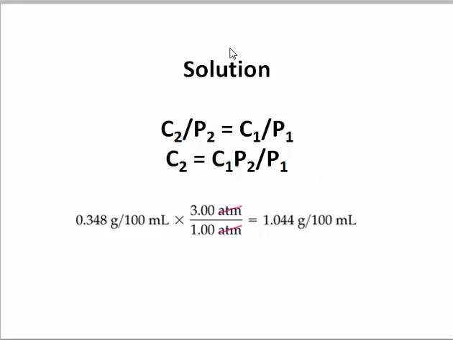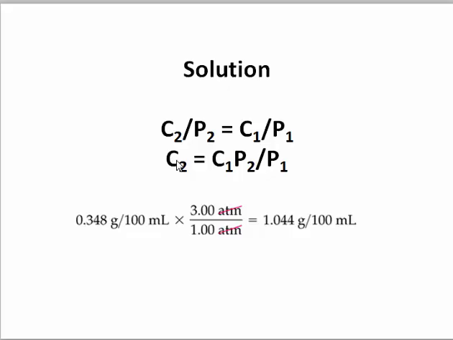The solution is a straightforward process form Henry's law problem. We relate C2 over P2 to C1 over P1 and solve for the concentration under the second set of conditions, which is to say the concentration corresponding to 3 atmospheres.